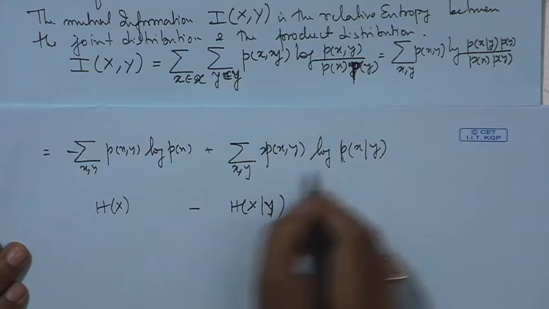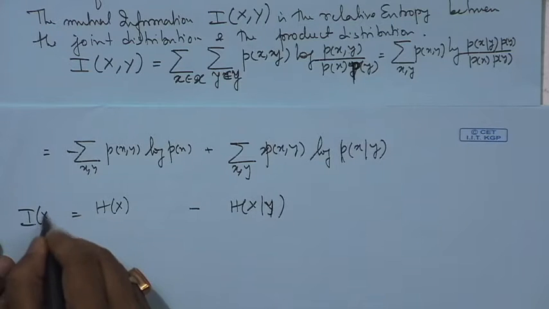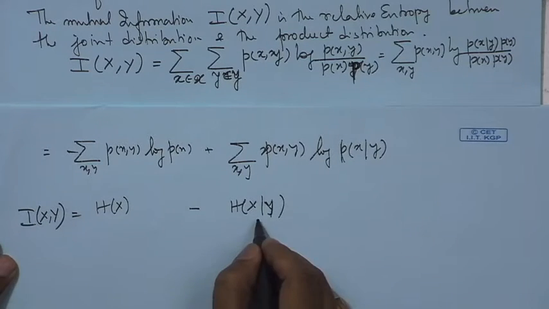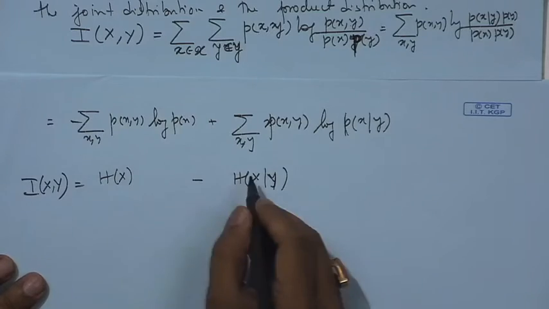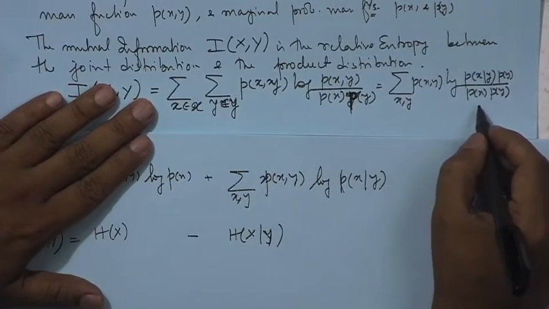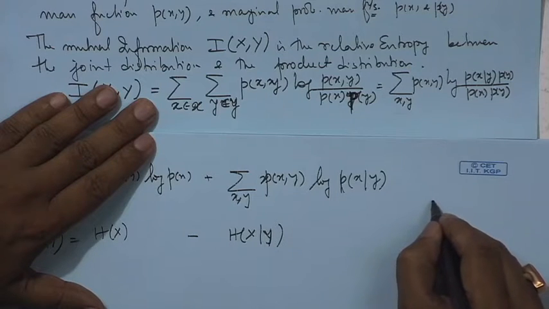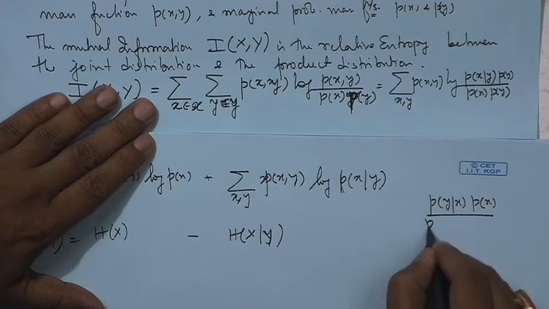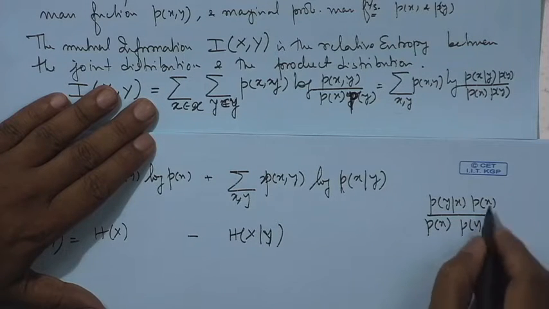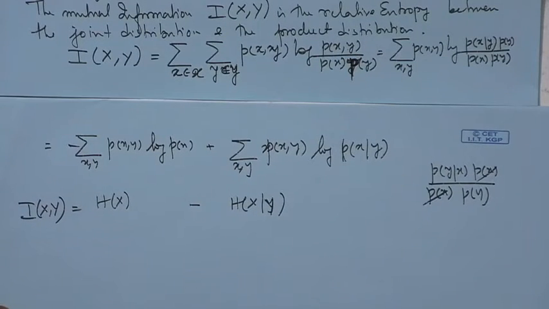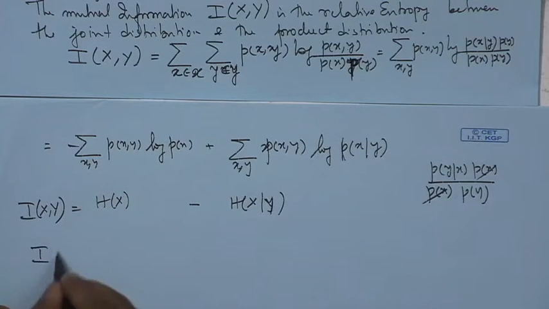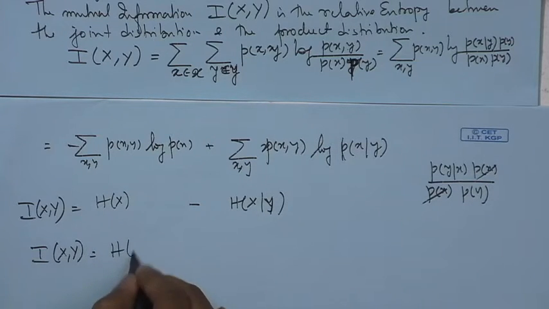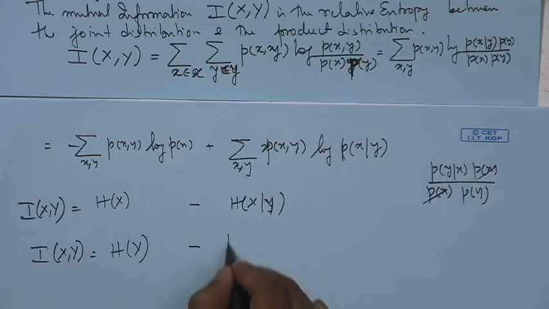So this is what we have built earlier. So basically I of xy could be written in terms of h of x and h of x given y. In a similar manner we could expand this part if we write p of y given x times p of x divided by p of x times p of y. What do we get? These two we can cancel out if they are non-zero, and then I of xy, you can easily guess from this it will be h of y, and from this minus h of y given x.